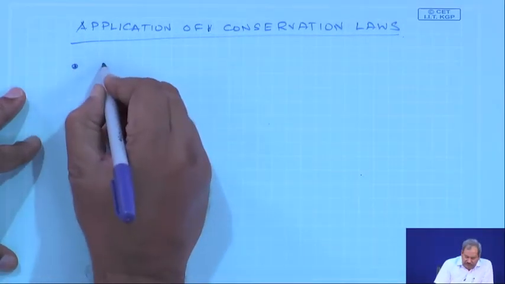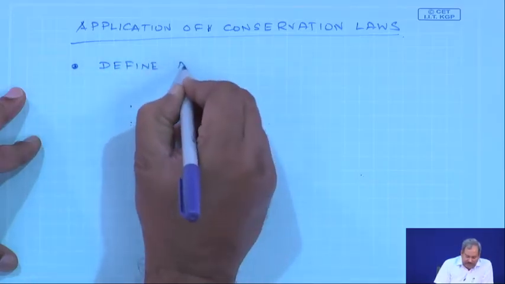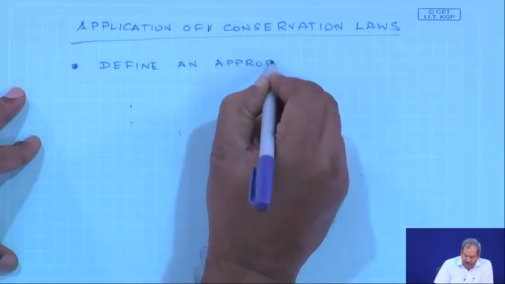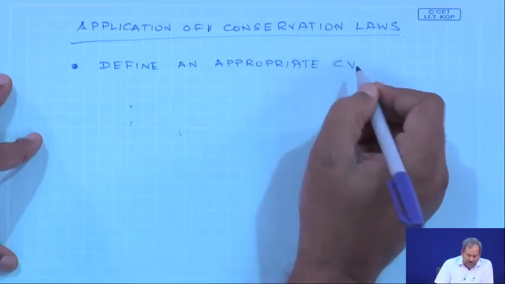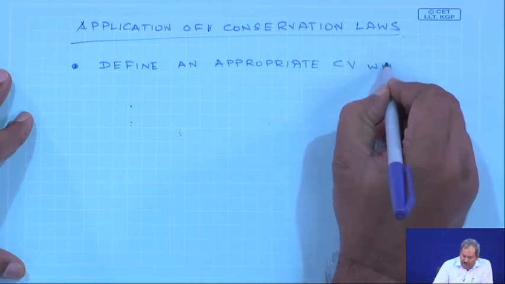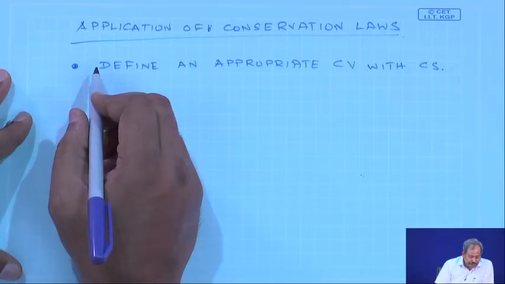The first step is you define an appropriate control volume with control surfaces.